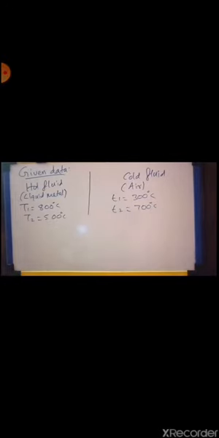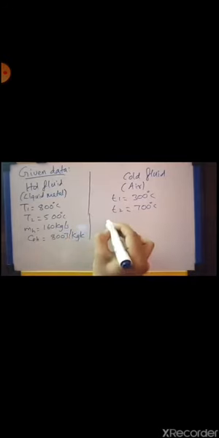Then mass flow rate of the hot fluid is given as 160 kilogram per second, and the specific heat of the hot fluid is given as 800 joule per kilogram Kelvin.